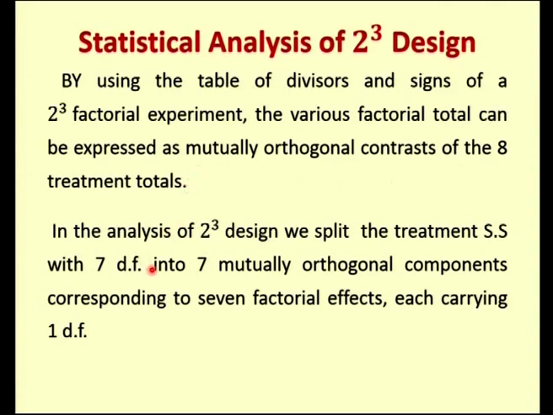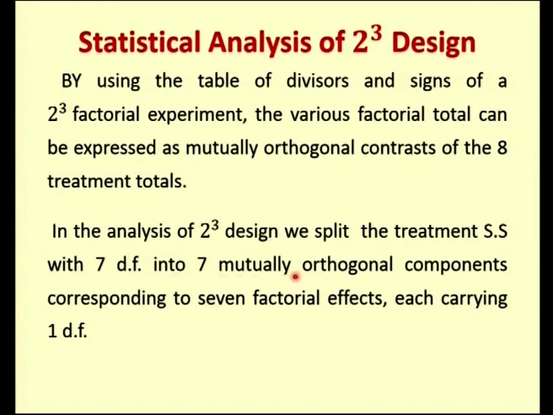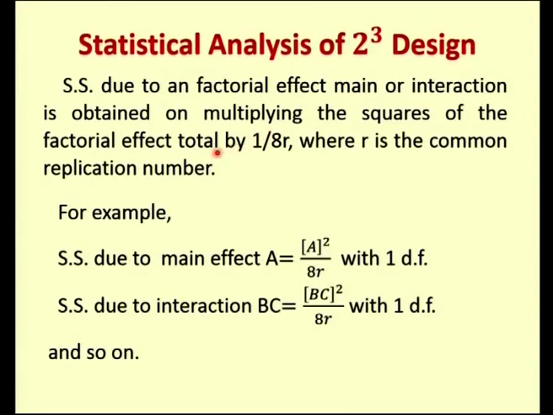So, in the analysis of the 2 power 3 design, we split the treatment sum of squares into 7 mutually orthogonal components corresponding to the 7 factorial effects, each carrying 1 degree of freedom. The sum of squares due to a factorial effect, that is a main effect or interaction, is obtained by multiplying the square of the factorial effect total by 1 by 8r, where r is the common replication number.